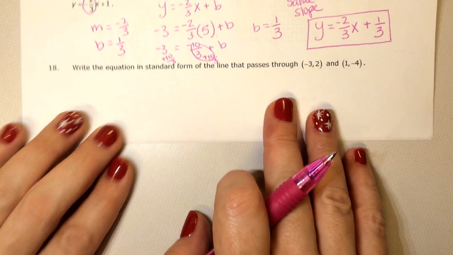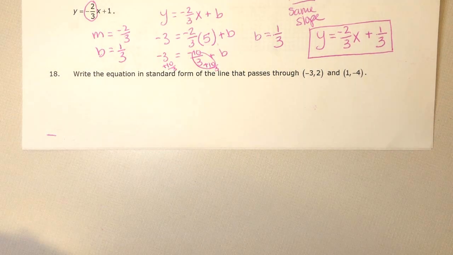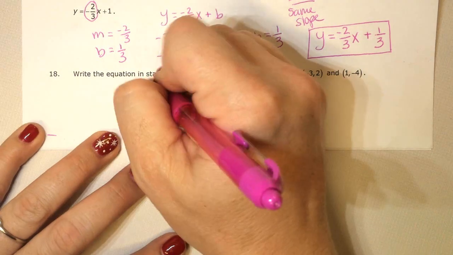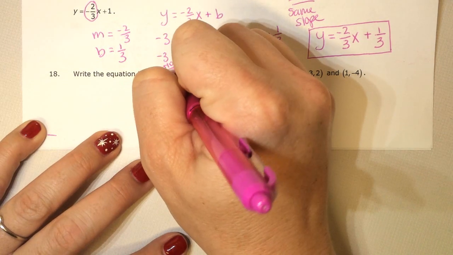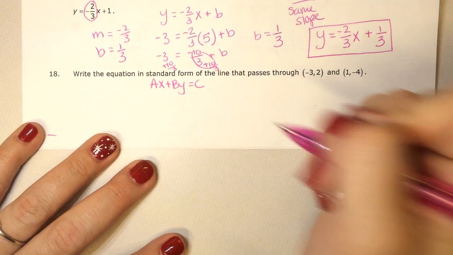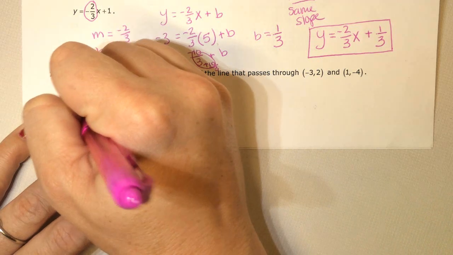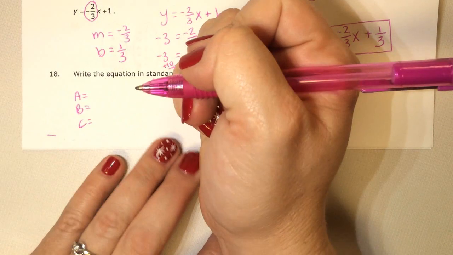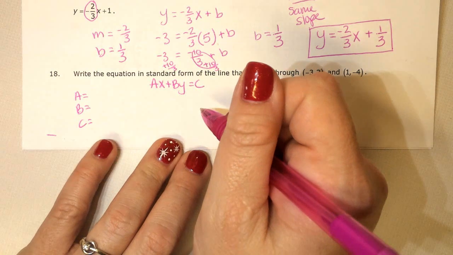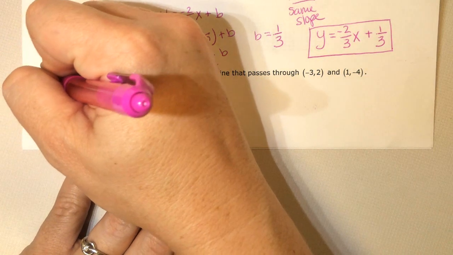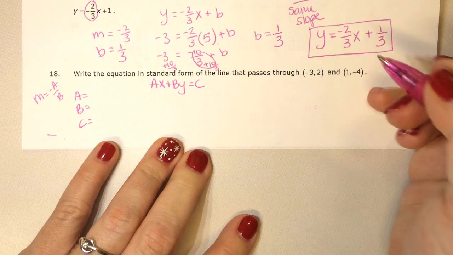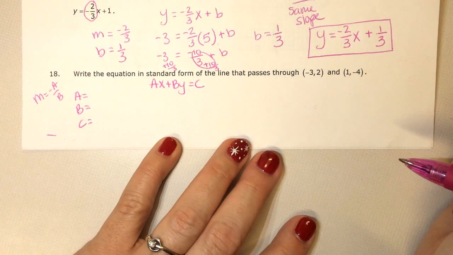Okay, let's look at number 18. Now this one says write the equation in standard form. So I already know that this one says standard form, which is my ax plus by equals c. So I need to find a, I need to find b, and I need to find c. And the only thing I know about standard form is that m is the opposite of a over b. So knowing that, I have to find m.